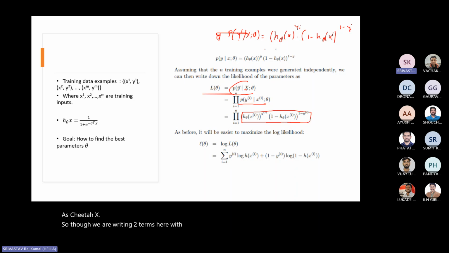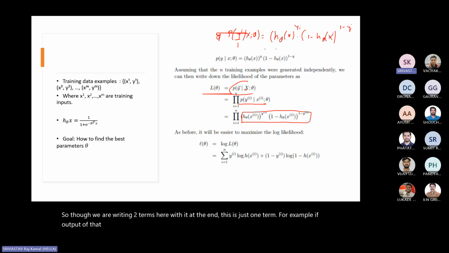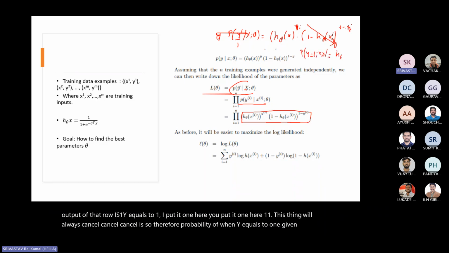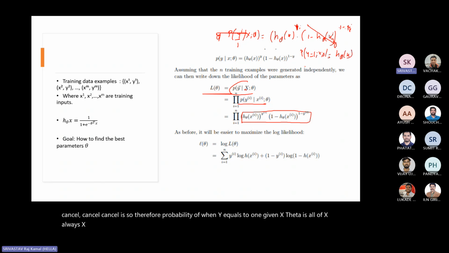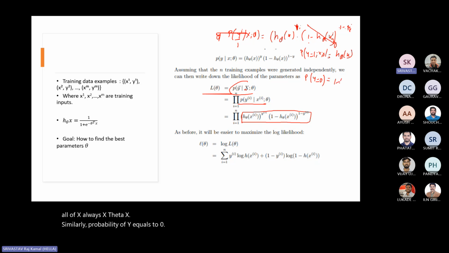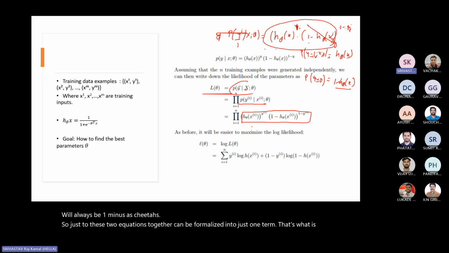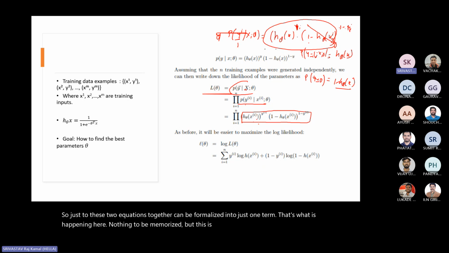For example, if the output of that row is y equals 1, you put 1 here, 1 minus 1 there, so this thing will always cancel. So the probability of y equals 1 given x theta is always s theta x. Similarly, the probability of y equals 0 will always be 1 minus s theta x. So these two equations together can be formalized into just one term. That's what is happening here. Nothing to be memorized, but this is exactly what these terms are doing.